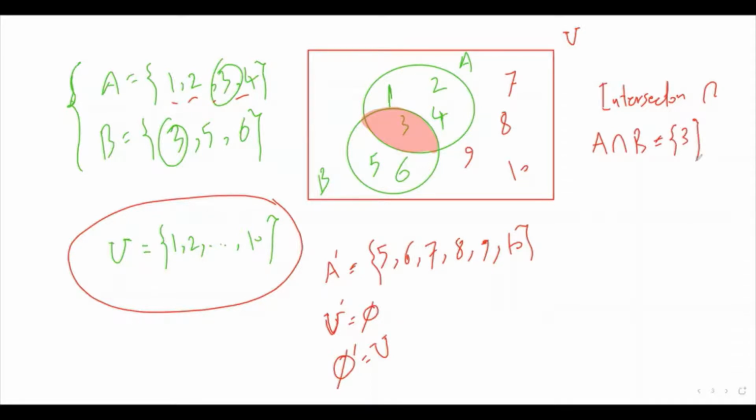As simple as that. In contrast, we have the union, whose symbol is like a U, and it contains all the elements in the sets. So if you ask, what is the union of A and B? It basically contains all the numbers from 1 to 6, right?